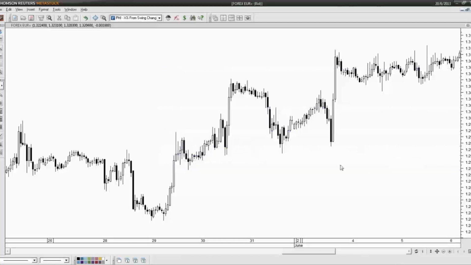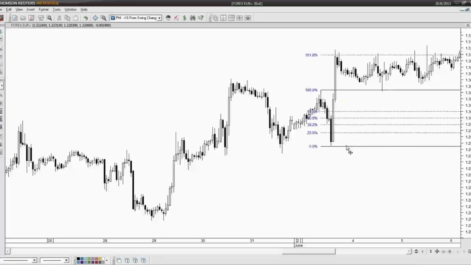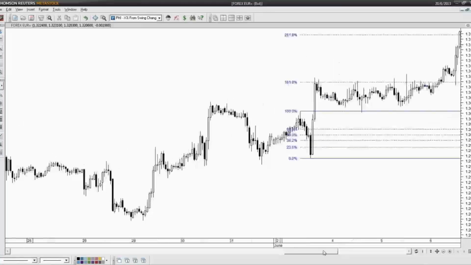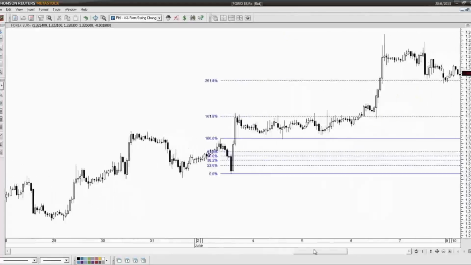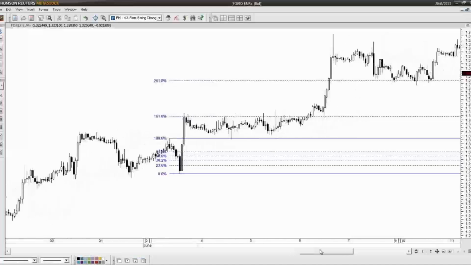Okay, so again here you notice another swing in the market, and you see how once it reached the 161, the market stopped for a while, then it reached the 261. And then what's happening here?